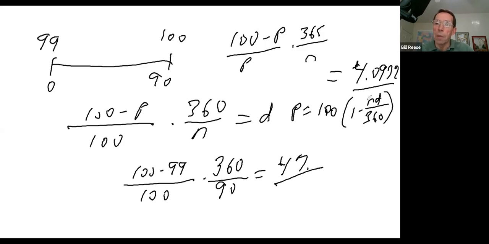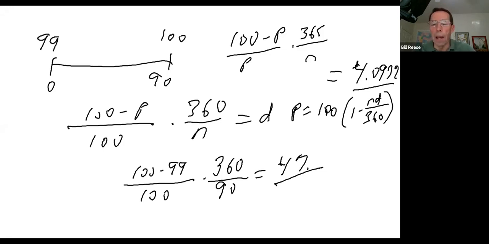In this case, it's going to be 90. I need to know what d is. D is the yield on a discount basis. In this case, it's 0.04 or 4%. Do the math on that, and that will give me the price, which in this case would be, in fact, 99.